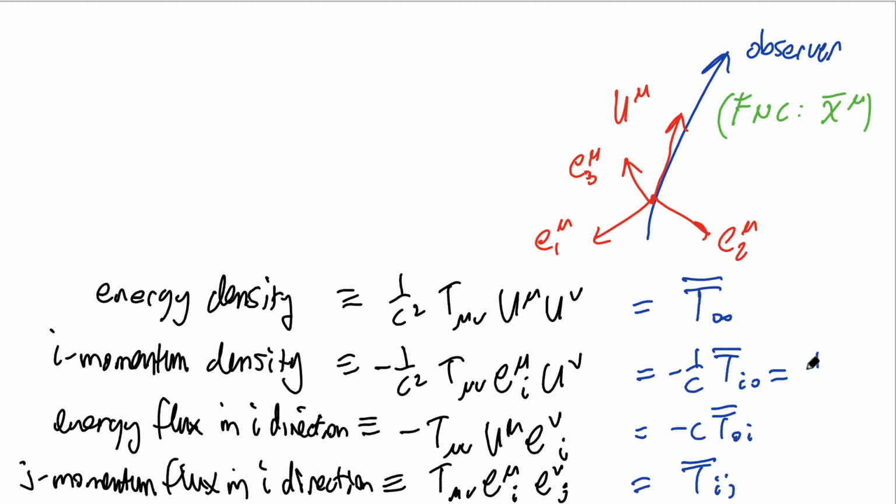So this is equal to 1 over c times T bar i 0. And similarly here, raising the 0 index picks up a minus sign, so this is plus c times T bar 0 i. We can raise these indices for free, so to speak. And when we raise these two indices, we get two different minus signs that cancel. So this is equal to T bar upper 0 0.